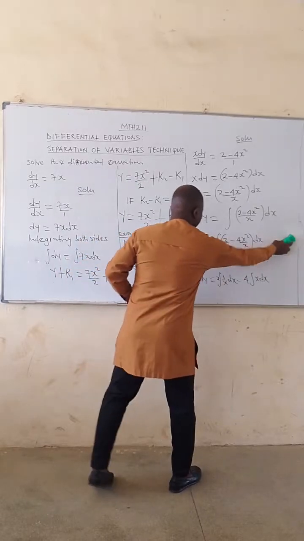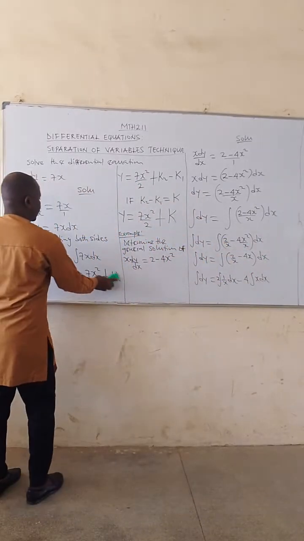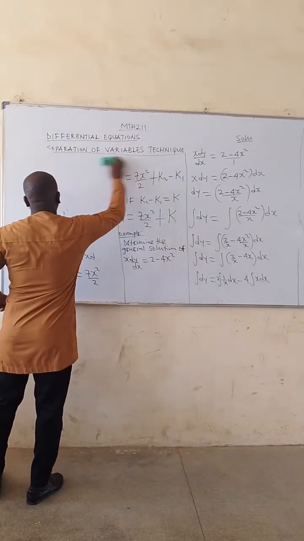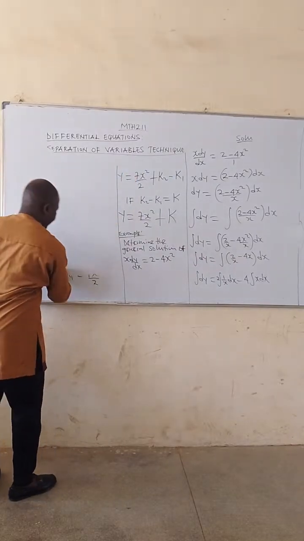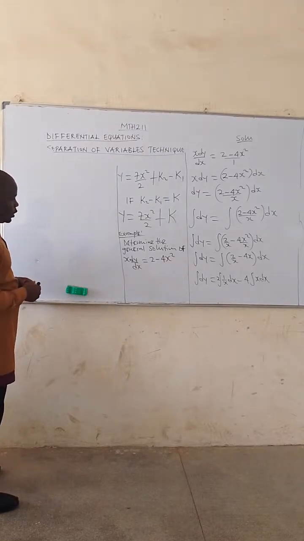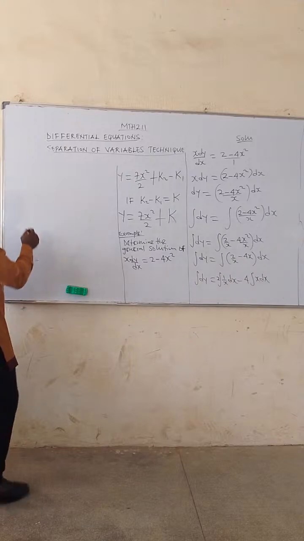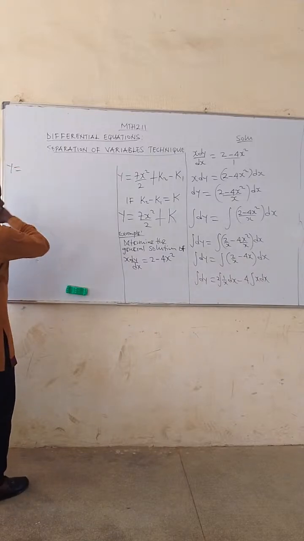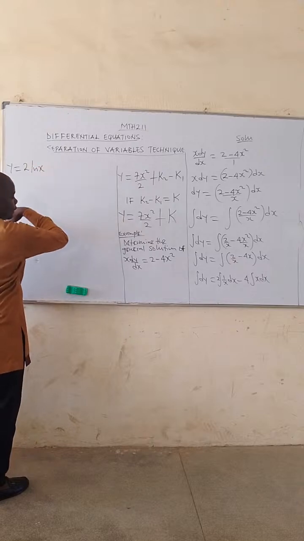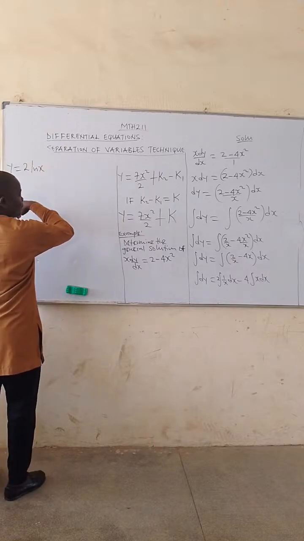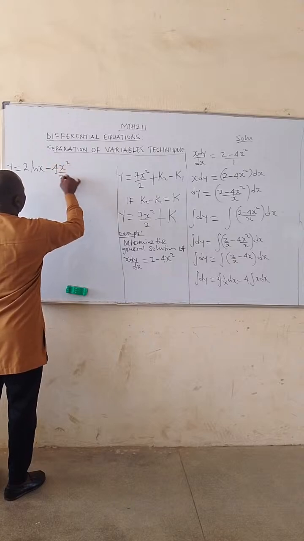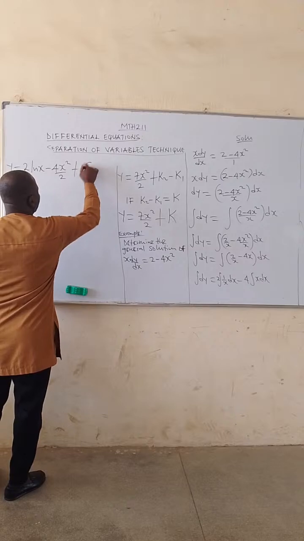Can I clean this side? Okay. If we integrate this, we are going to have y equals 2 ln x minus 4x squared all over 2 plus g.